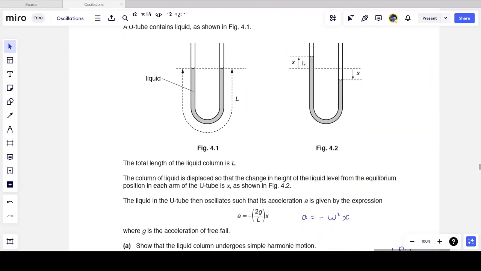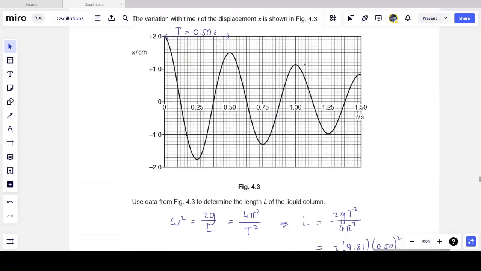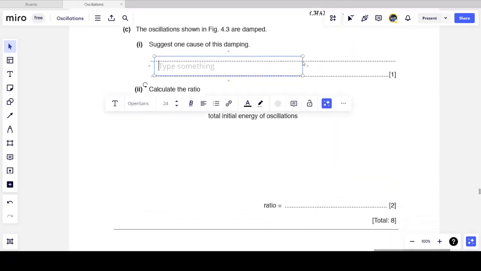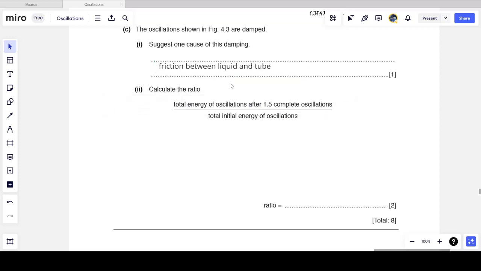There can be friction between the liquid and the tube, and there could be things like viscosity and drag, viscous drag, and whatever. But again, I like to think of the simplest ones because it takes less time to think of them. And I'm just going to say friction between the liquid and the tube. And that will be a significant amount of friction between the liquid and the tube, which will cause the damping.